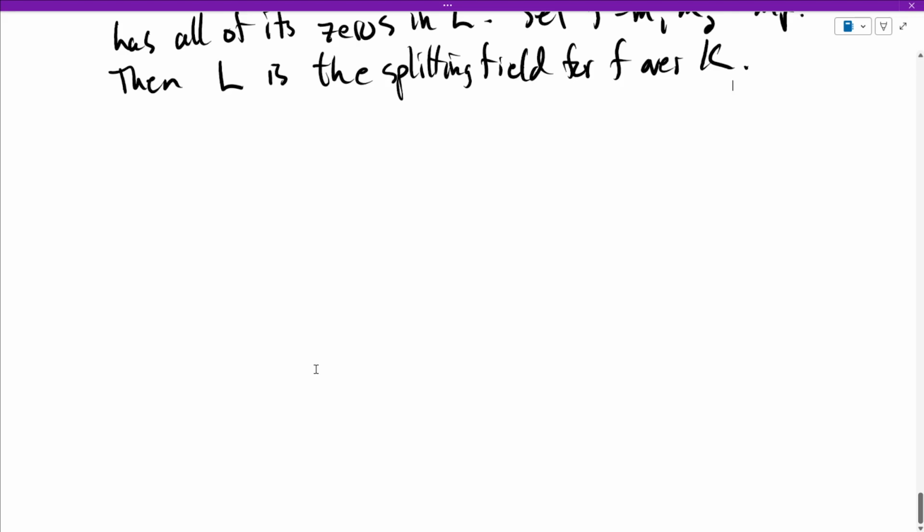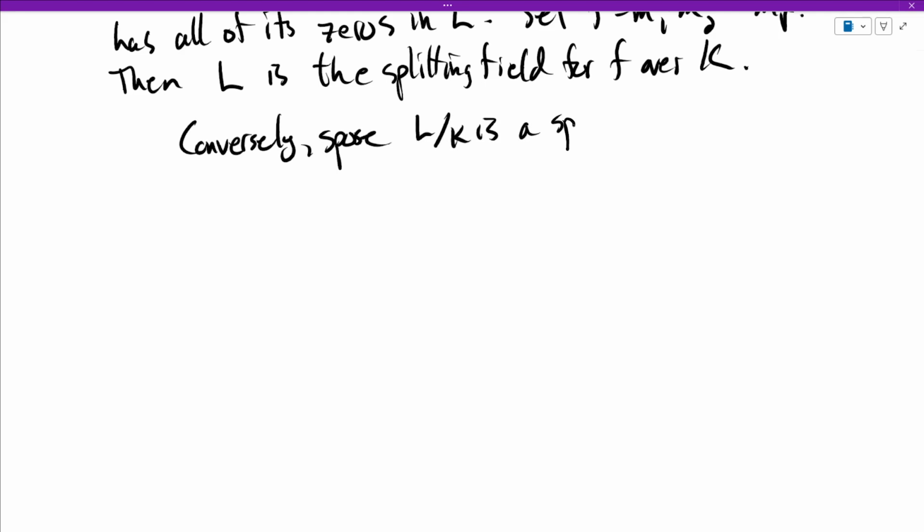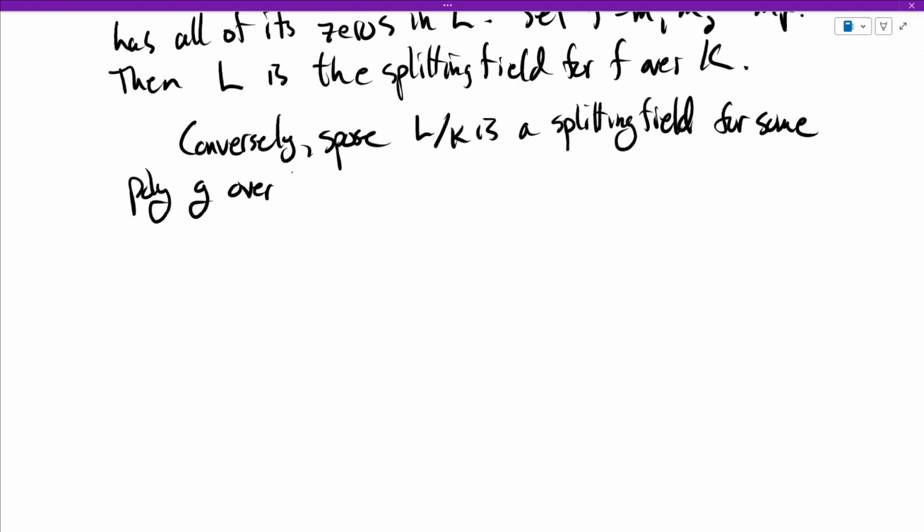So let's suppose, conversely, L over K is a splitting field for some polynomial g over K. What we need to show is the extension is normal and finite.